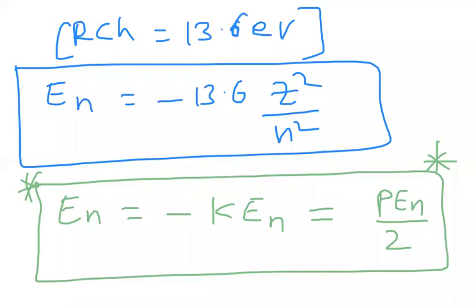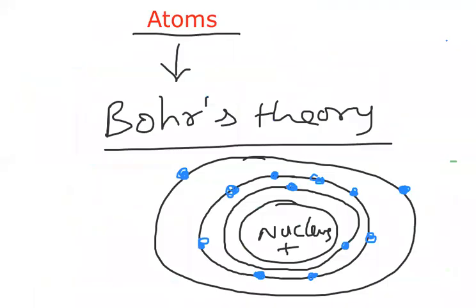So in today's class, we started with Bohr's theory in the atoms chapter. I told you that the nucleus is at the center, and around the nucleus there are different orbits. In the first orbit suppose 2 electrons, in the next orbit 8, and like that the electrons are present in each shell.